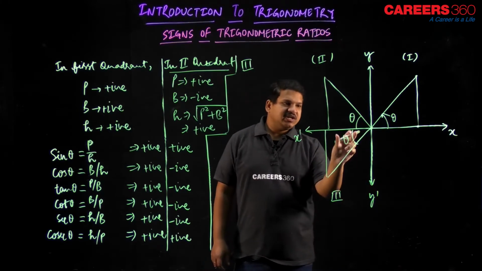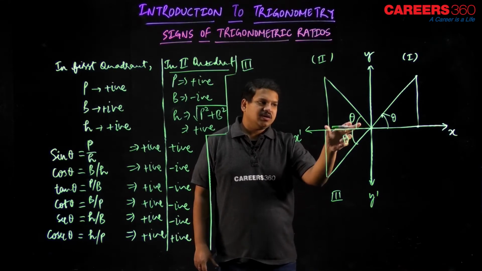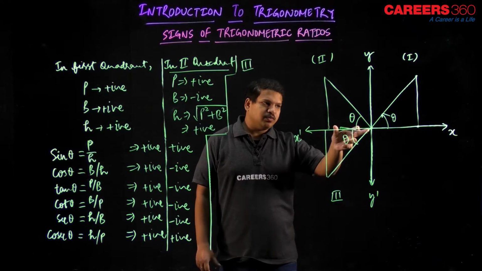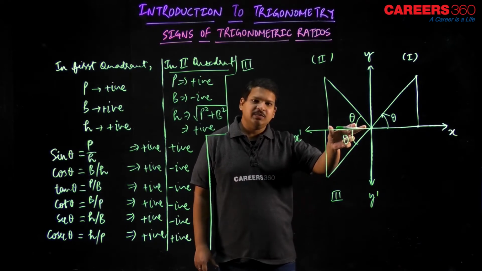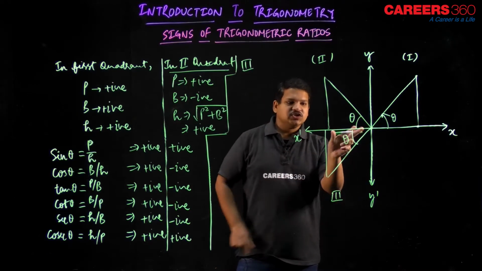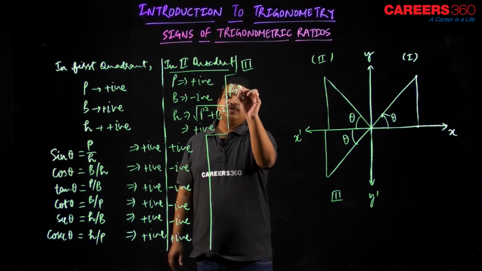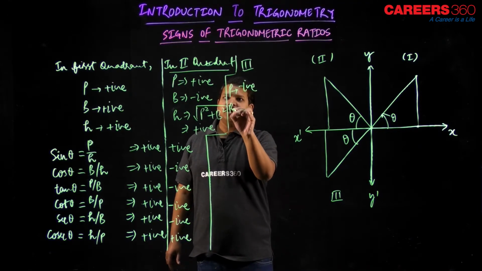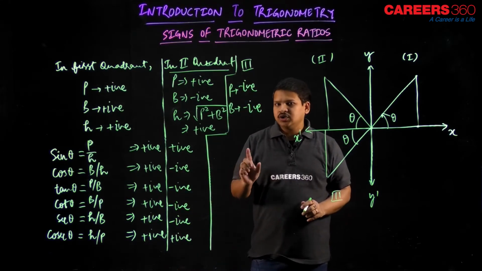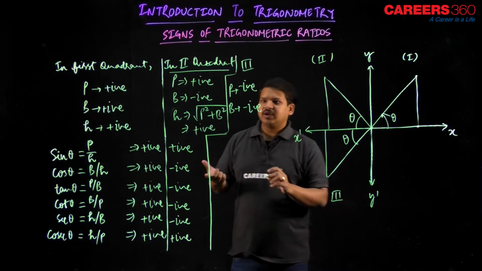If this is a theta, this will be my base and this will be my perpendicular, and in this case base is on the negative x-axis and perpendicular is on the negative y-axis. So P will be a negative value and base will also be a negative value, right? I will not talk about hypotenuse because in any case it is a positive value.